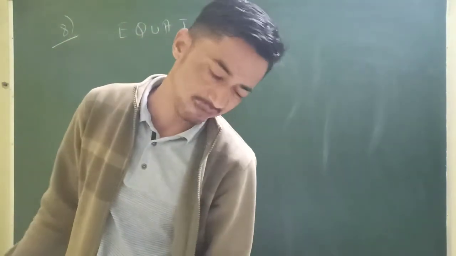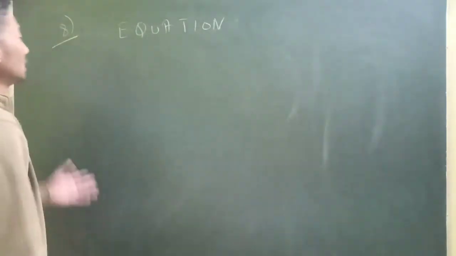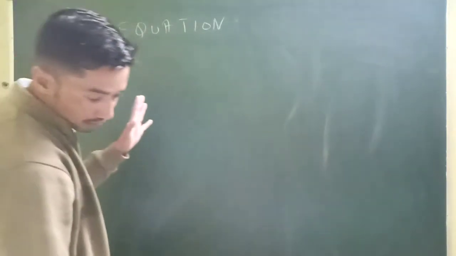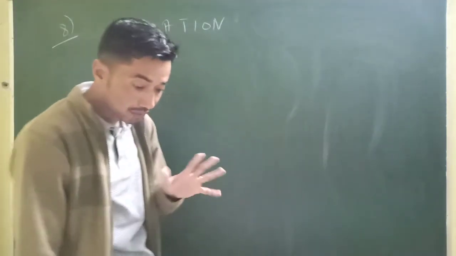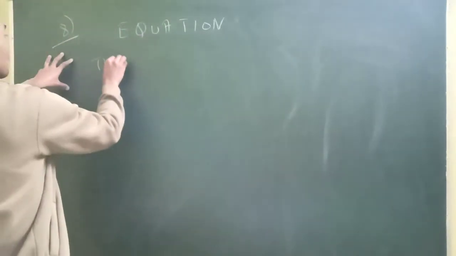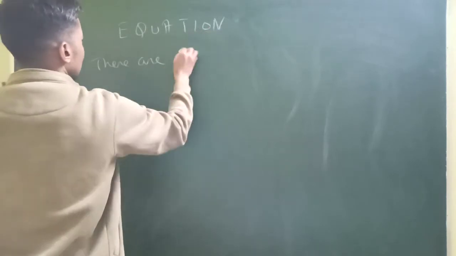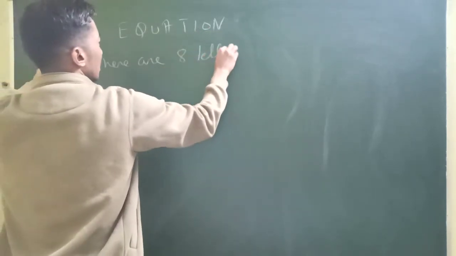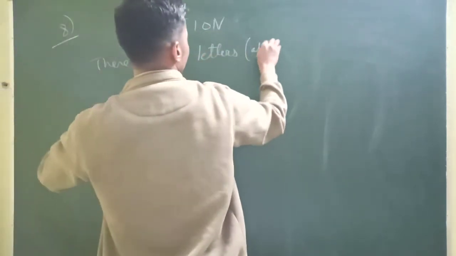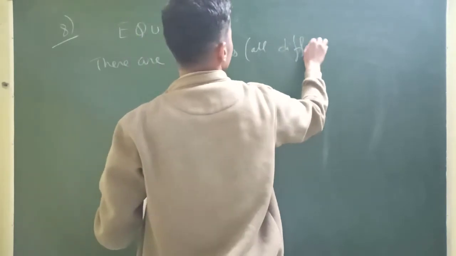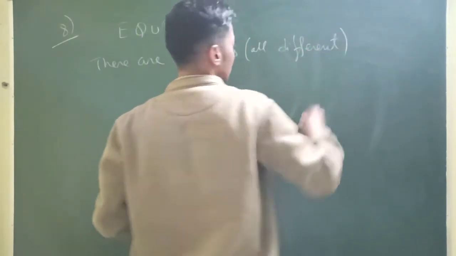So that makes our job very, very easy. The question is very simple. How many words with or without meaning can be formed? So how many letters do we have here? There are 1, 2, 3, 4, 5, 6, 7, 8. There are 8 letters, all different.